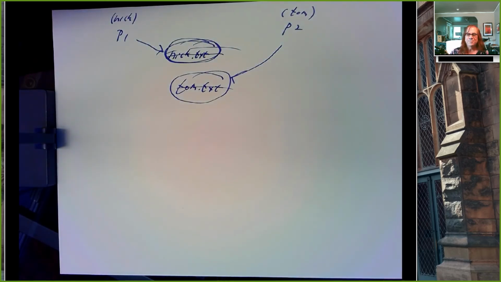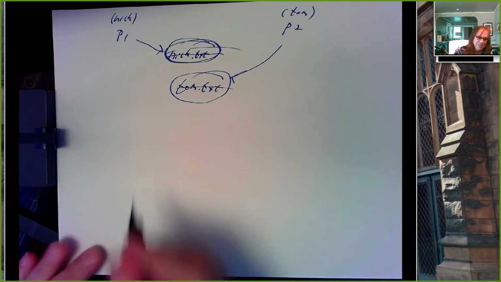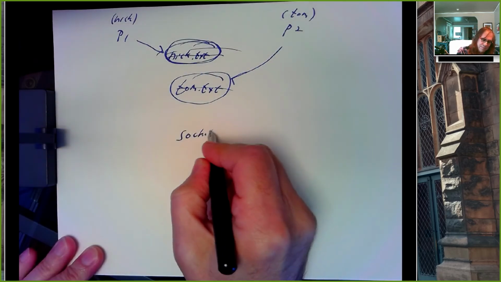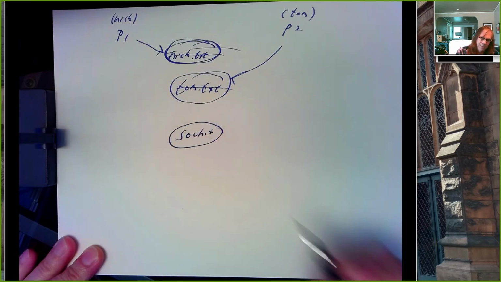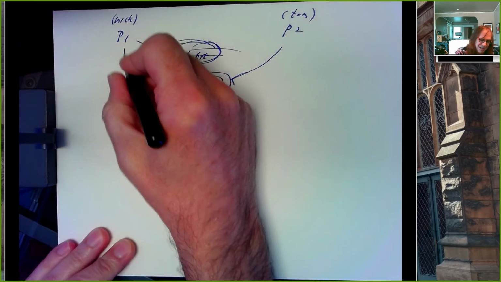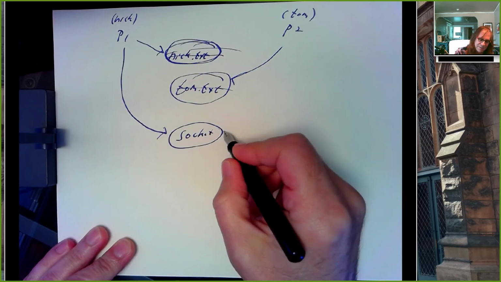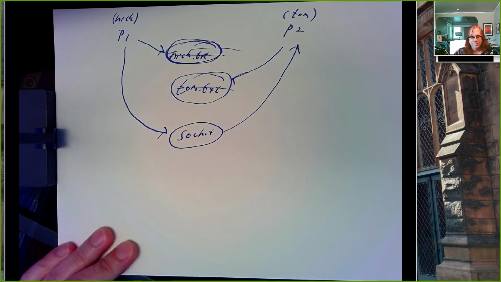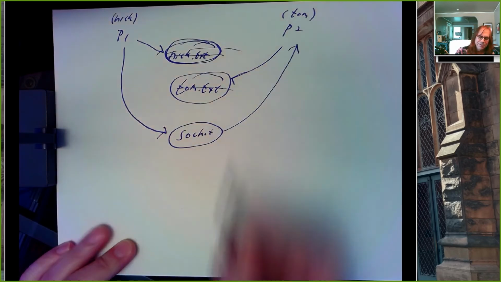It's a mechanism that's more a part of the operating system itself, but the idea is exactly the same. So what we're going to do is create a socket, and set it up so that I can write into this socket and Tom can read from it. Anything I write in here comes out there.